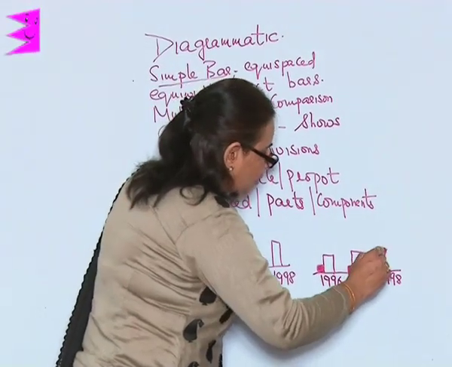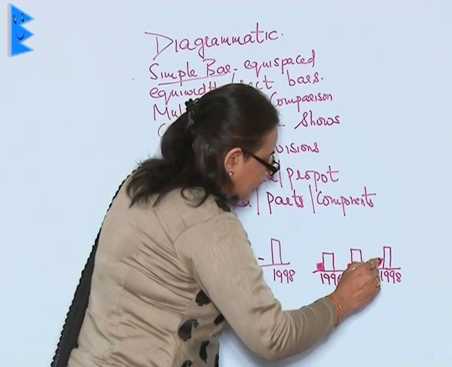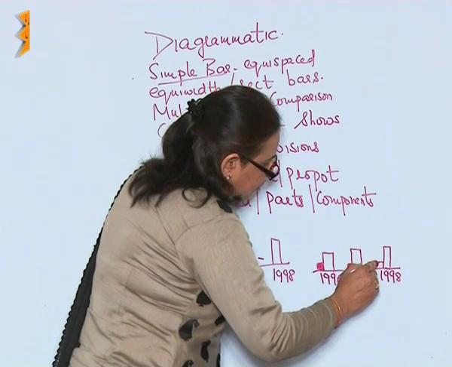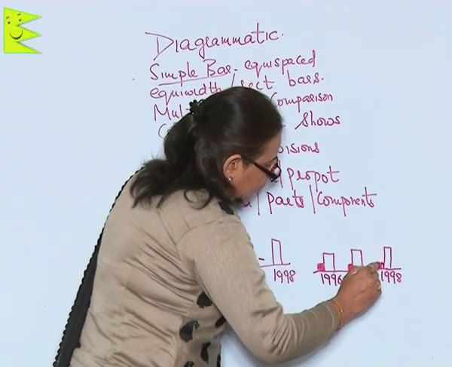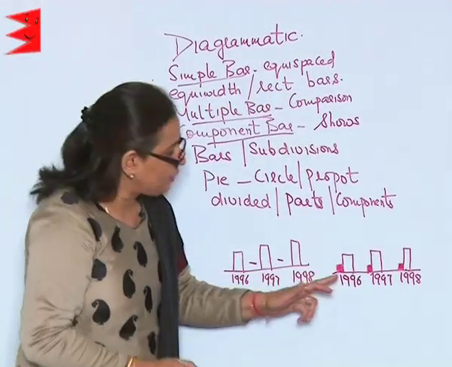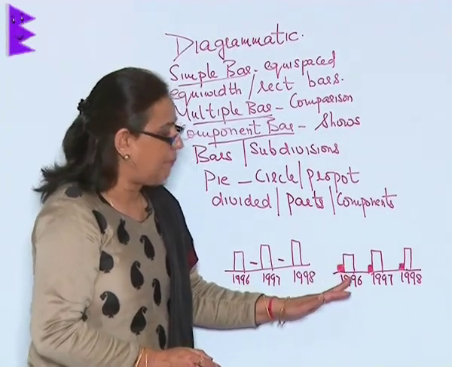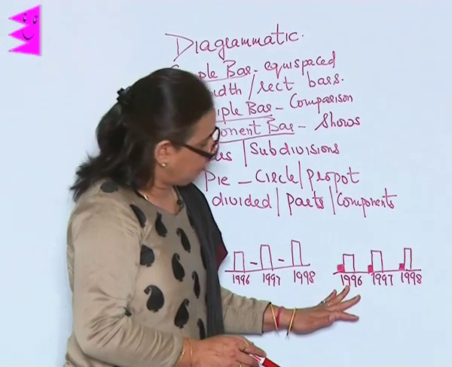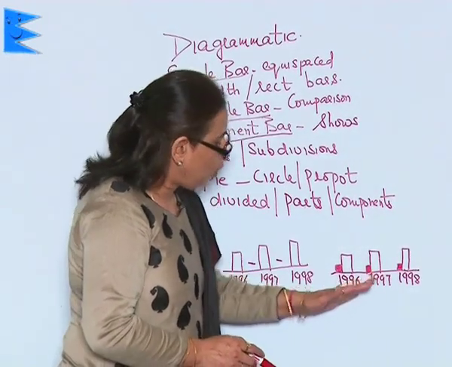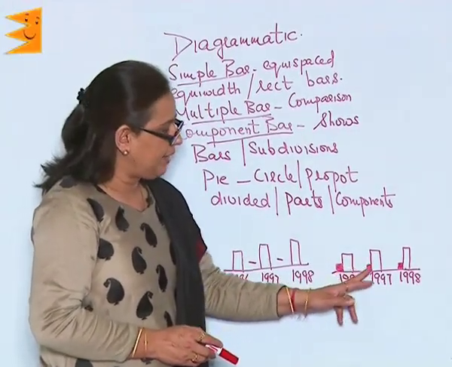In 1998, 100 students passed and say 25 of them failed. This is comparing the number of students who failed and passed. Thus, it is a multiple bar diagram wherein we are trying to represent two different pieces of information. So, it becomes multiple in nature.